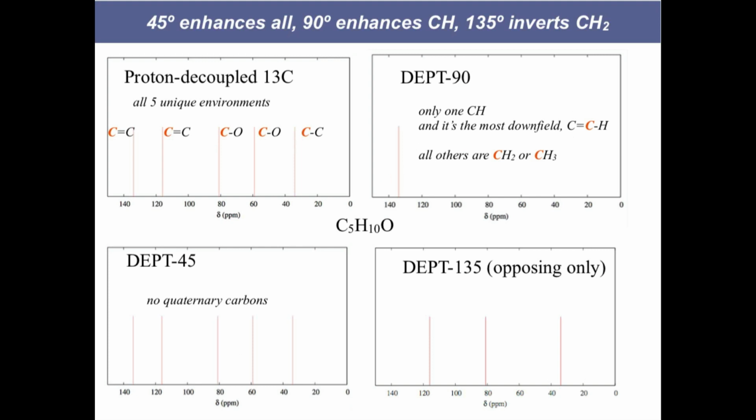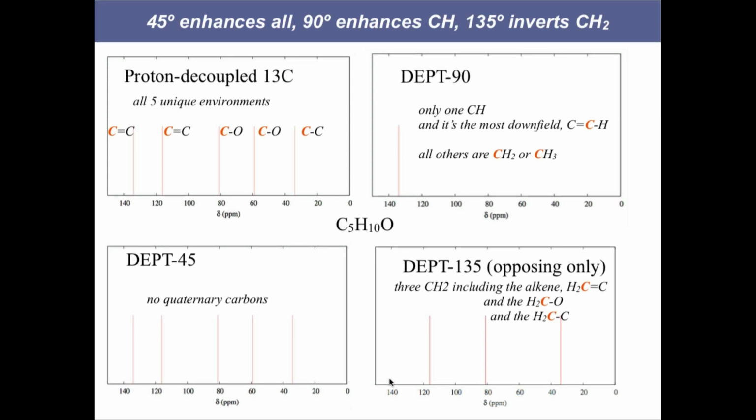The next step is the 135. Now, like I said, these are only the opposing peaks. These are only the peaks that were opposite in magnetization. So these are our CH2s. We've filtered out the non-inverted ones. Okay, so we've got 3 CH2s, including one of the alkenes. This guy right here between 100 and 150 is a CH2 carbon double bonded to a carbon.